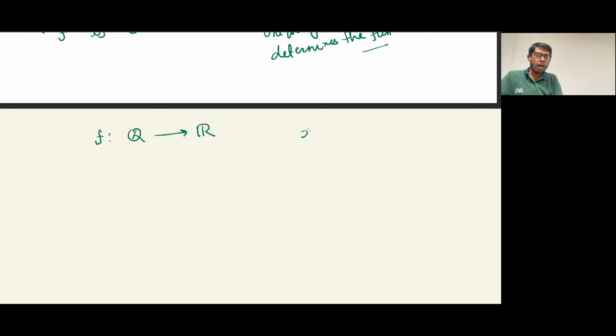Let alpha be some irrational number, and we need to determine the value of f at this irrational. Since rationals are dense, there exists a sequence alpha n in Q such that alpha n converges to alpha.